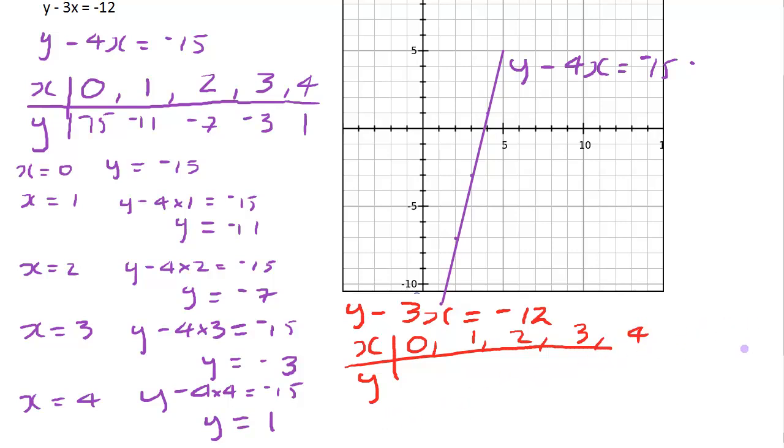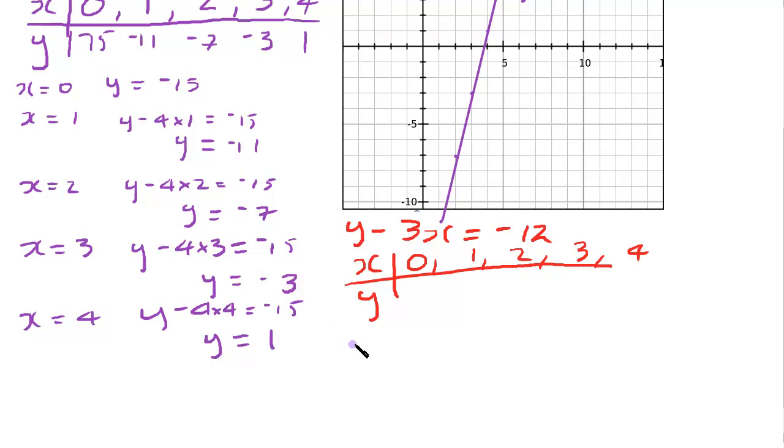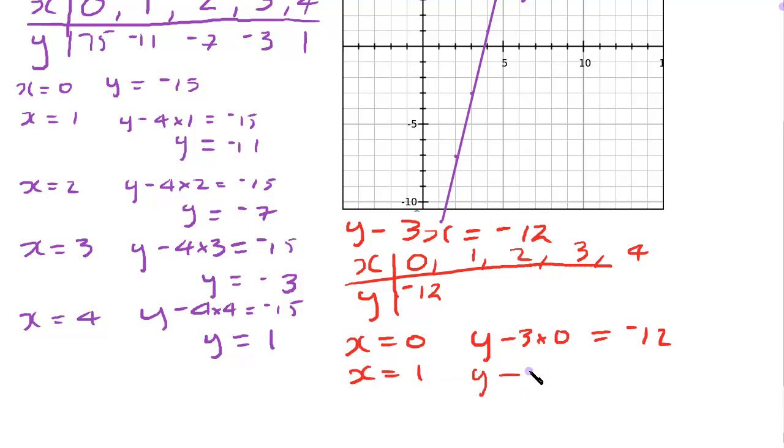So, when x equals 0, I get y minus 3 times 0 equals minus 12. So y will equal minus 12. Let's try x equals 1. I get y minus 3 times 1 equals minus 12. So therefore y will equal, add 3 to both sides, minus 9.